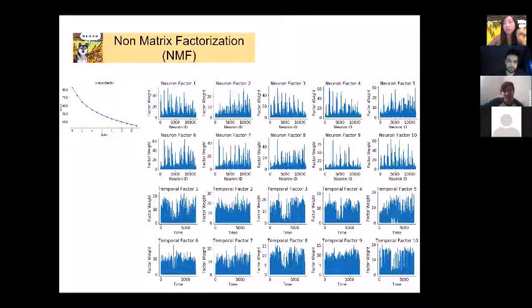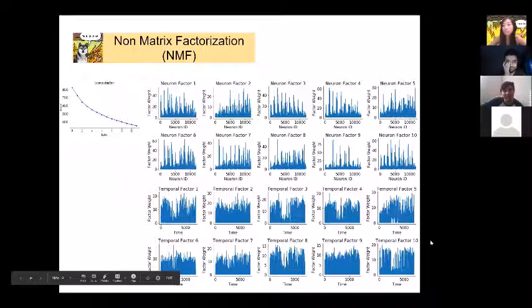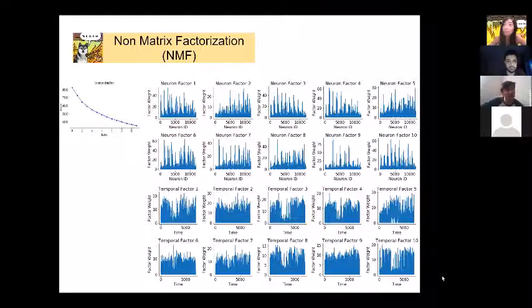One of the main methods we wanted to use for cell assembly detection was an unsupervised methodology called non-negative matrix factorization, or NMF. This allowed us to pull out assemblies in a number given by the user. So we would ask for, in this example, 10 factors, so we had 10 assemblies, and the NMF would give us a neuron factor and a temporal factor.